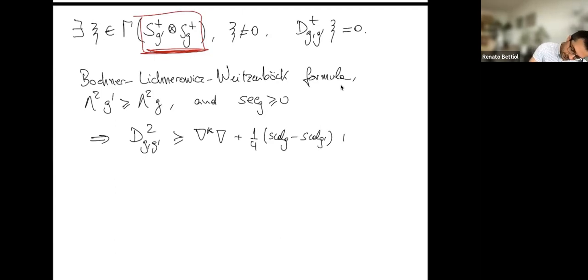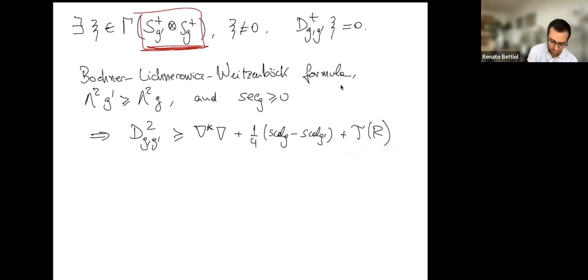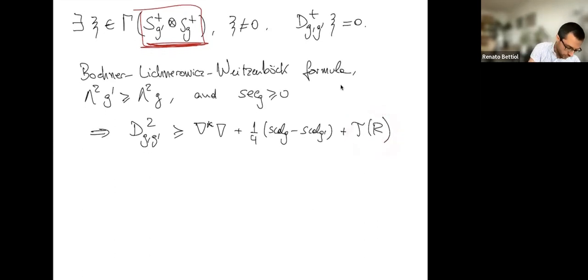And there's this T term that depends on the curvature operator of the metric G. So everything would be done if this term was not there, right? So we need to control the sign of it. So let me tell you what this term is.